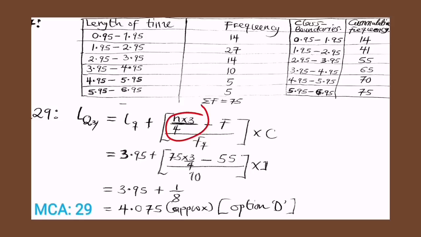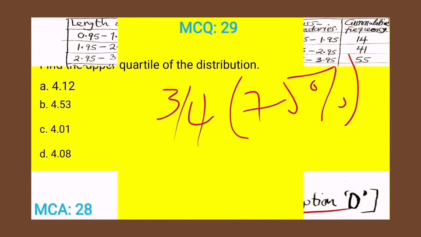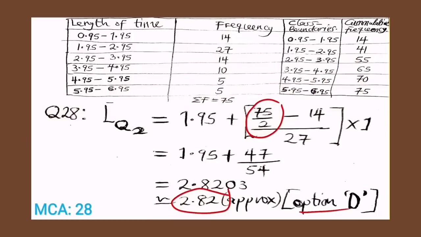As I've indicated, 3 over 4 multiplied by the frequency of 75, and then other things. But the reason why I made this illustration here is that the median value for the set of data was within the second class interval.